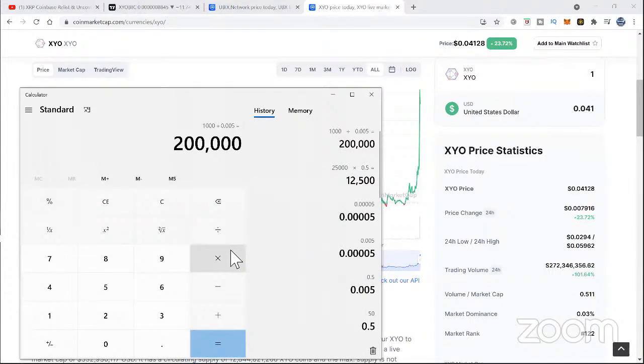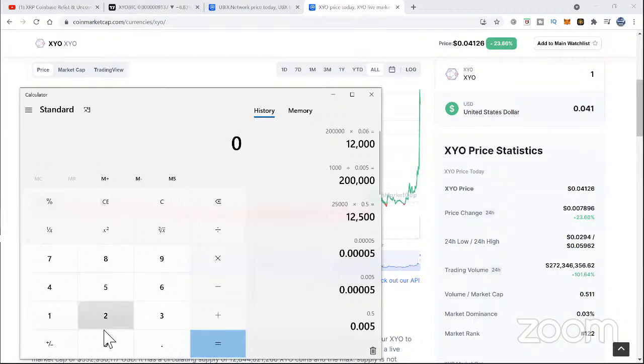Now, 200,000 shares multiplied by the 6 cents that it hit right now, your $1,000 would be $12,000 at this point. All right. So that's a 12x on your money already.